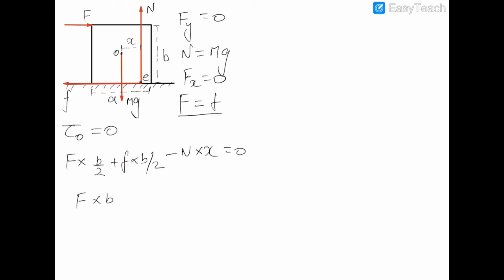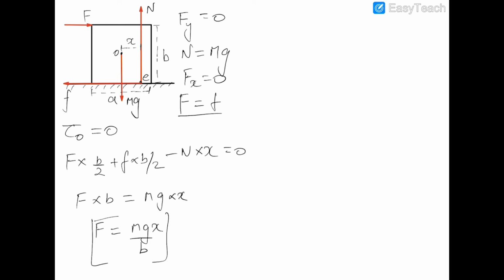So the total torque will be F into b, and that is equal to N into x, where N is mg, and into x. So this F is equal to mgx by b.